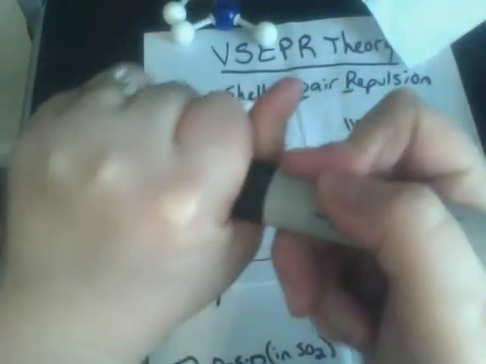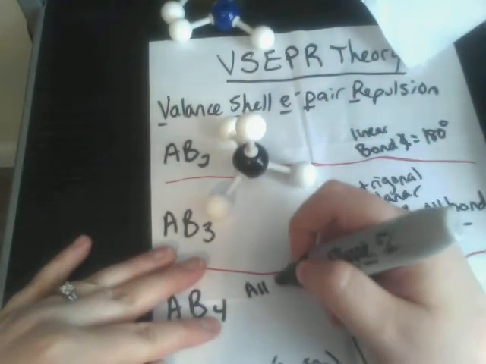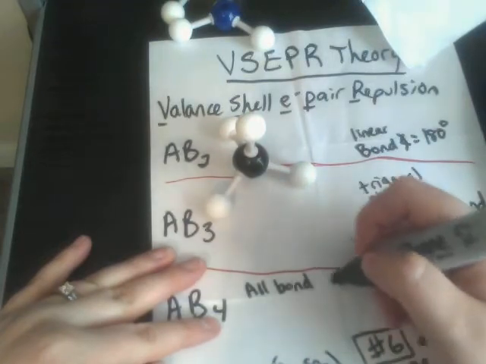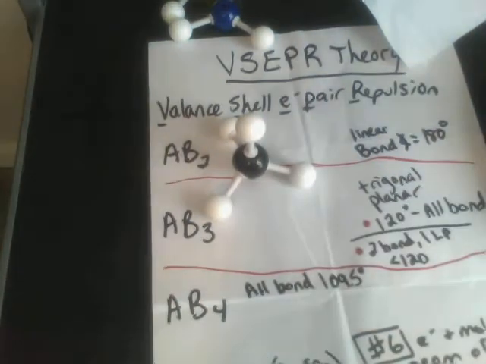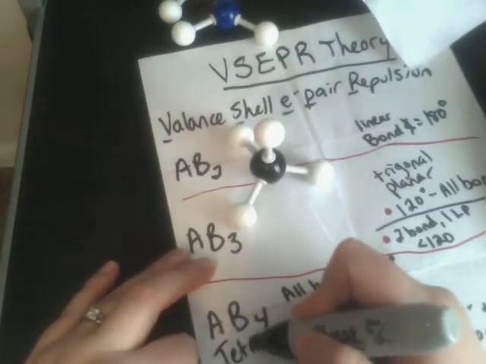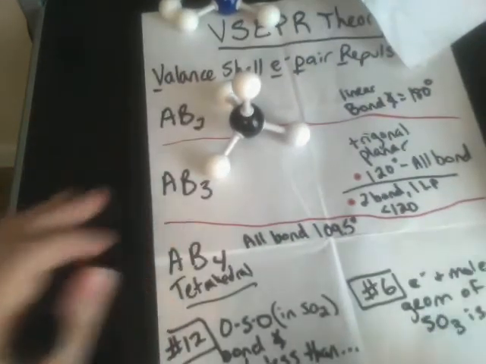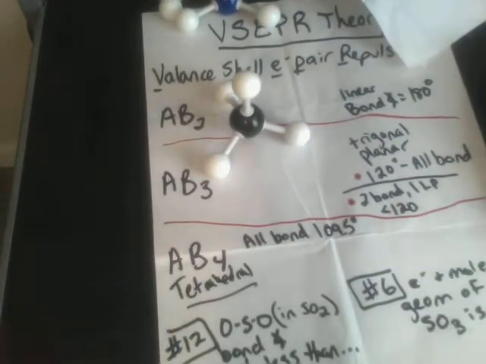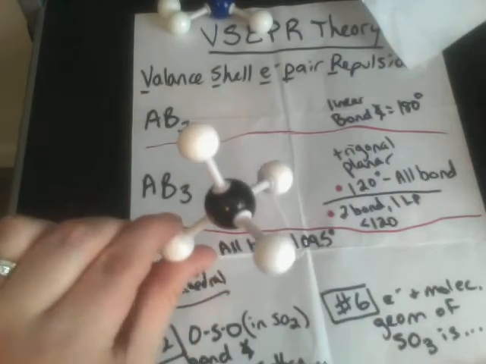So if they're all bonds, it's 109.5 degrees. And this is called tetrahedral. Sorry for all this messy writing. This is the first time I've ever done this lecture online.